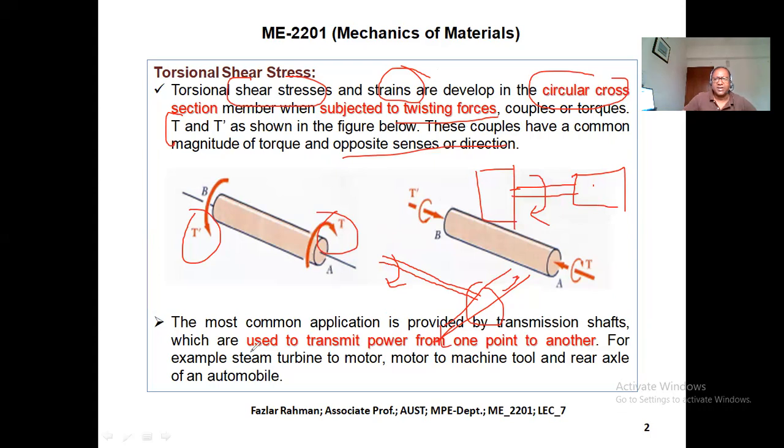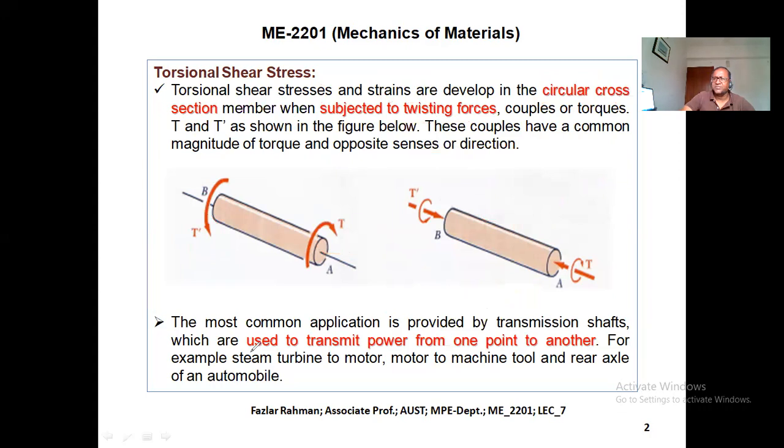There is a lot of application of round shafts that transmit power from one point to another. When I was in our village, in the rice mill, they have a bigger IC engine, and from the belt they are rotating a shaft.